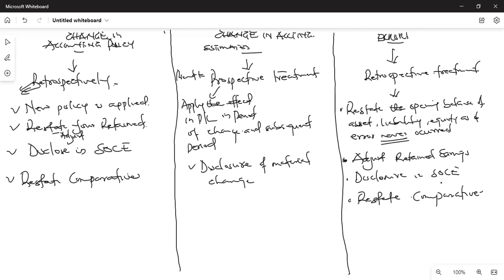So this is what IAS 8 is all about. What we now need to do is take some figures and deal with the mathematics. Let's put up some questions that can help us deal with this.